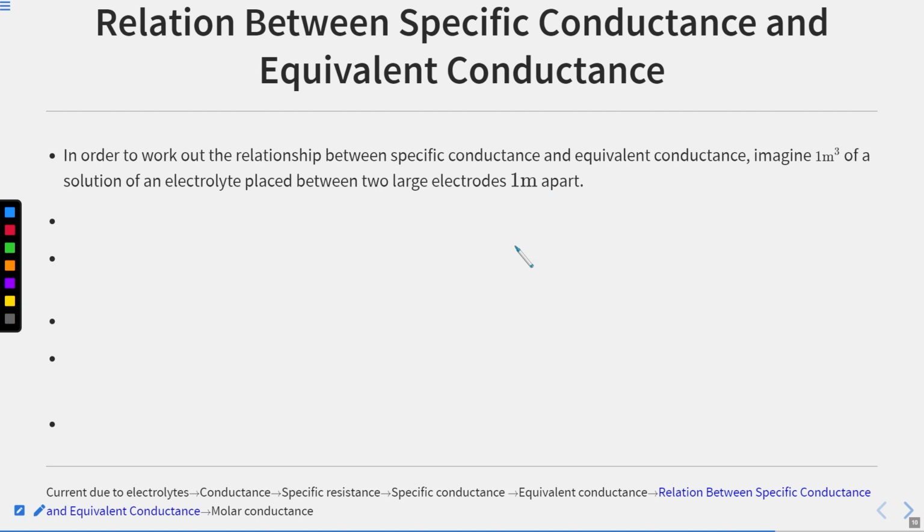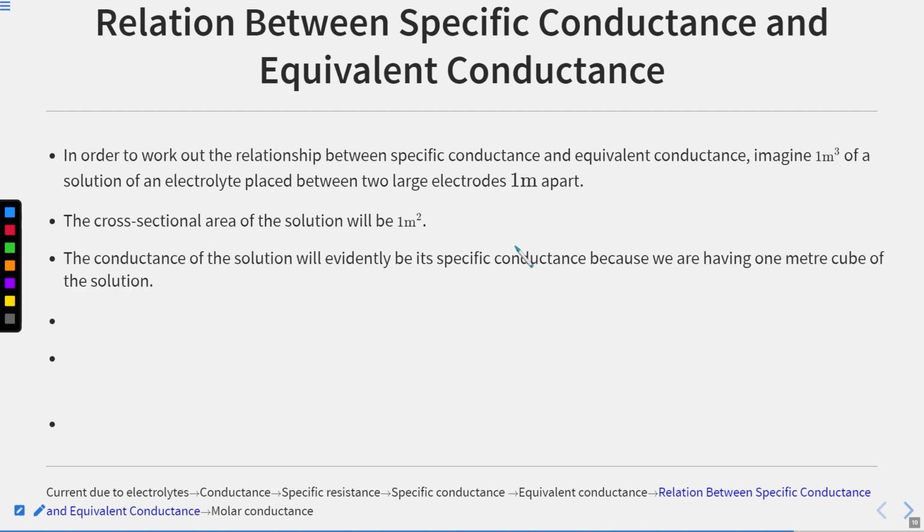Now what will be the result of it? The cross-sectional area will be 1 meter square, of course, from these two. Therefore the conductance of that solution will be specific conductance. It is obvious. So what was the definition of specific conductance? It was the conductance due to a cross-sectional area of 1 meter square and a length of 1 meter.